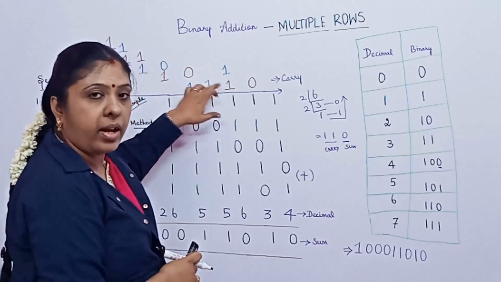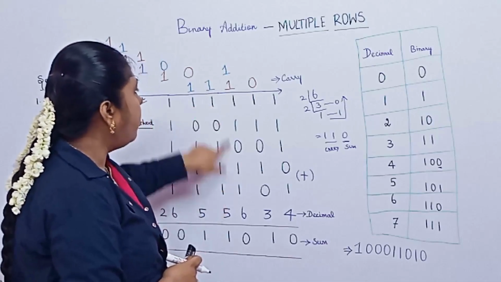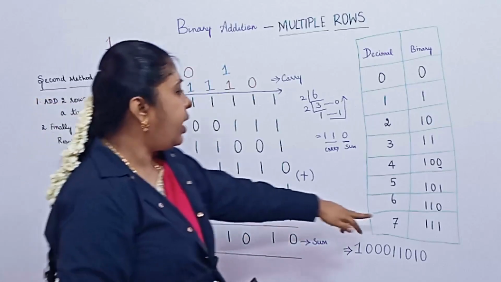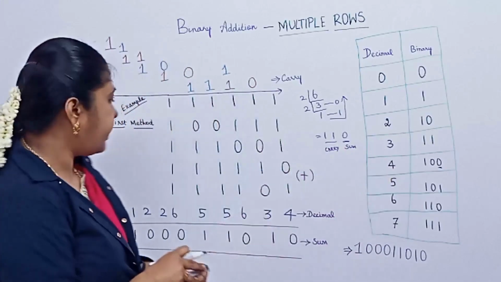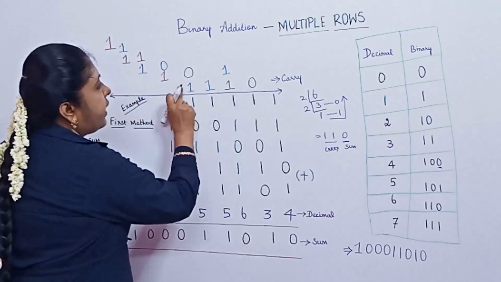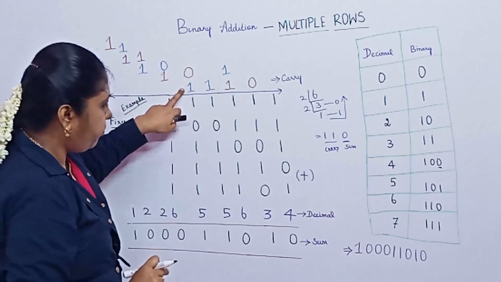Already in the carry we are having 2 ones, again 1, 2, 3, 4. Here 4 ones, so total 6. The binary value of 6 is 110, 0 as sum bit and 11 as carry bit. This blue color represents 11 for 6.